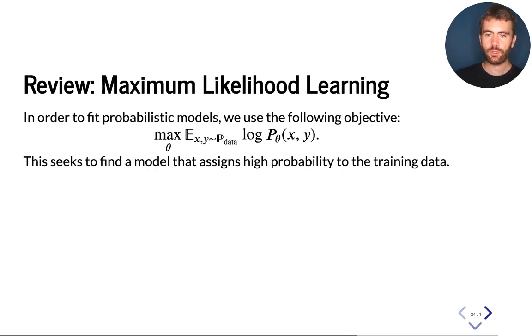Now, how would we learn this model? Again, because we have a probabilistic model, we have a principled way of deriving an objective for these models, and this is the principle of maximum likelihood. So this is our objective, and we're looking for model parameters theta, under which the data coming from our data distribution has high probability.